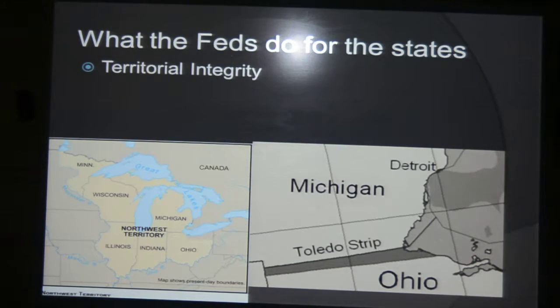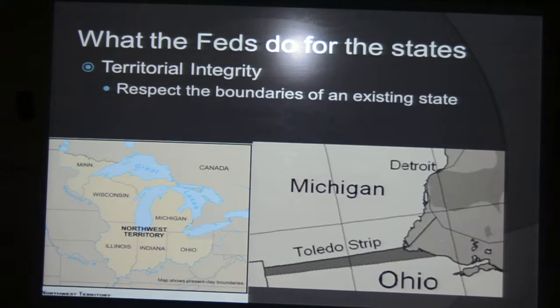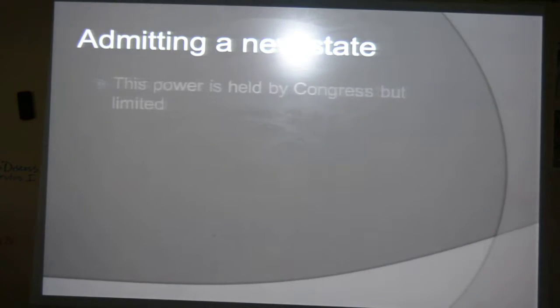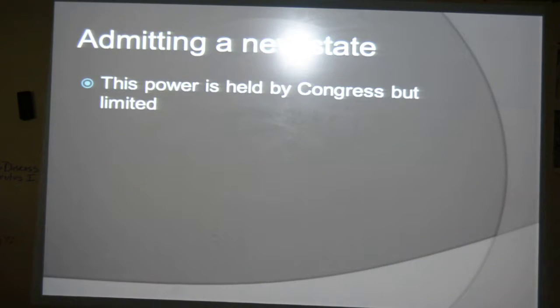Territorial integrity. They respect the state borders. They cannot make a new state without permission from that state. Now, the power is held by Congress, but it's limited.